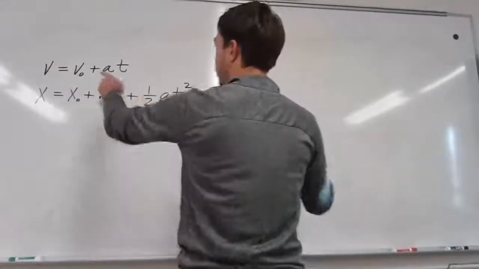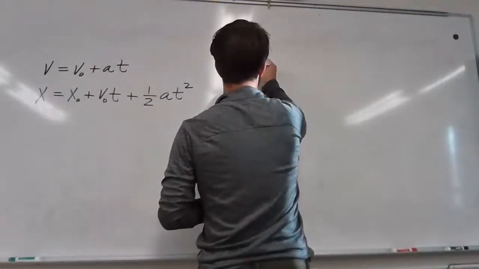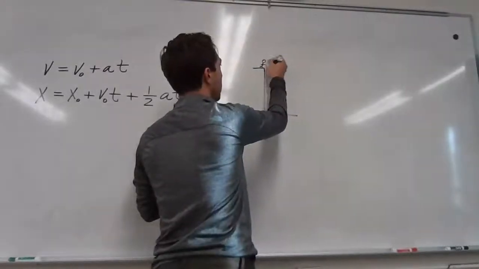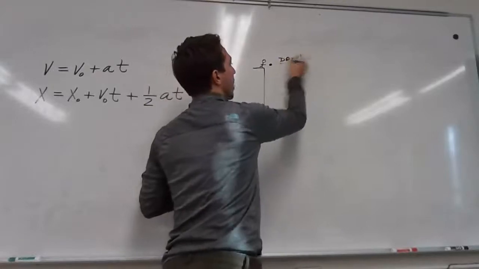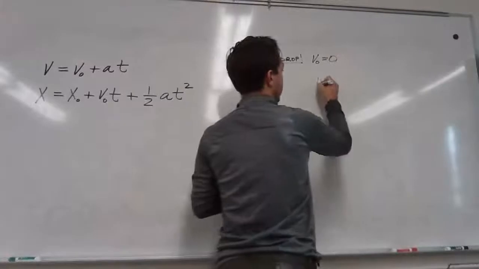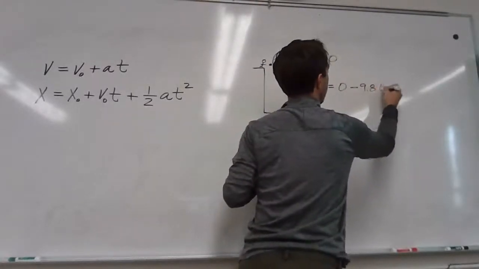If you want to do it in a more equation-y way, V naught is 0. When you drop something off a building, drop means that the initial velocity is 0. And so my equation is V equals 0 minus 9.8t.